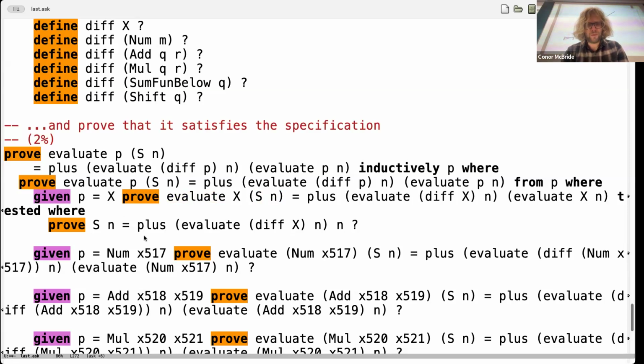So what we see is that we need to define diff of x so that when we evaluate it at n and add n to it, then we should get S of n. So we need some way of turning this so that this plus n is equal to n plus 1. Well, seems to me like we should define this to be the number 1.